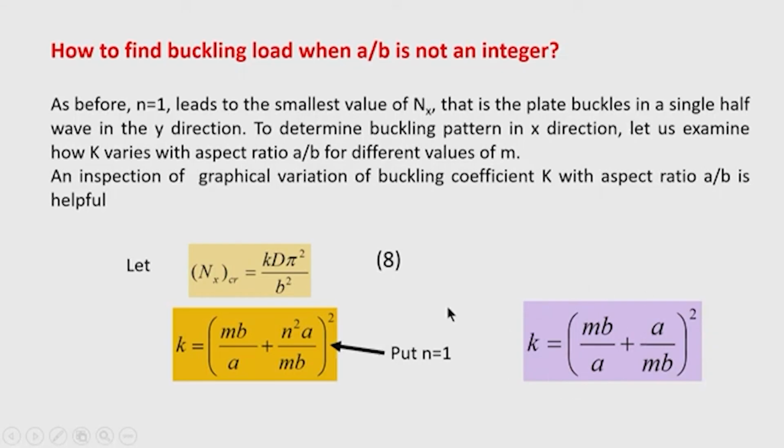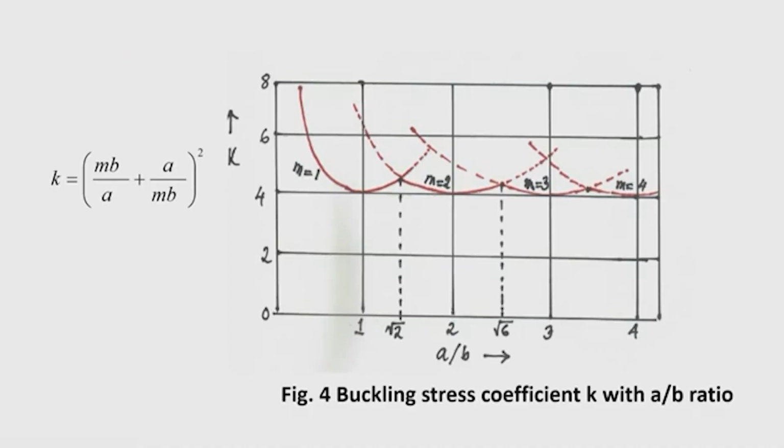Now, we need to find m. Okay. We represent graphically how k varies with the aspect ratio. So, in the x direction we plot the a by b ratio, and in the y direction the value of k. Okay. So, for m is equal to 1, for different values of aspect ratio 1, 2, 3 and any non-integer value also, we have plotted the curve for k.